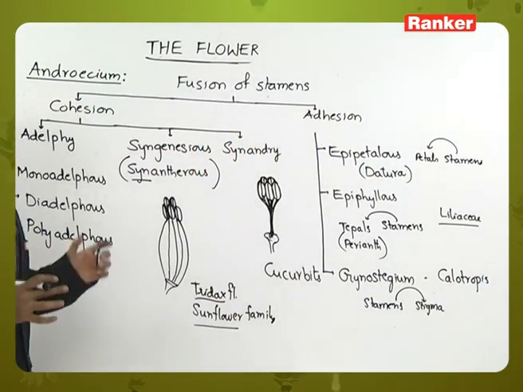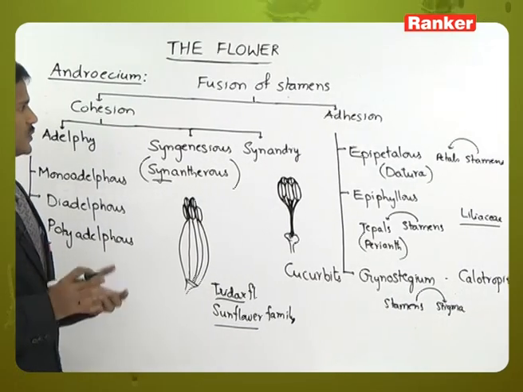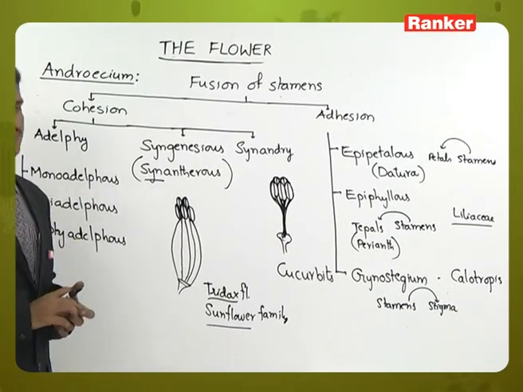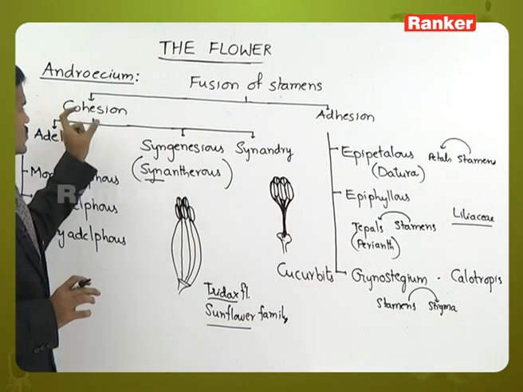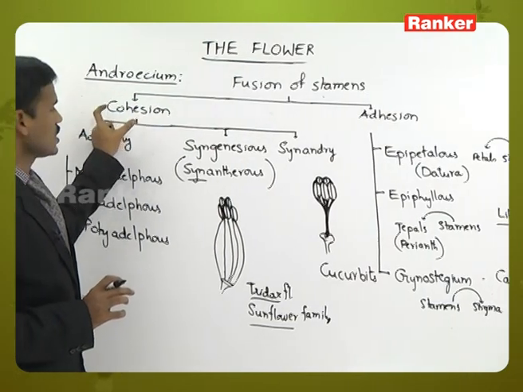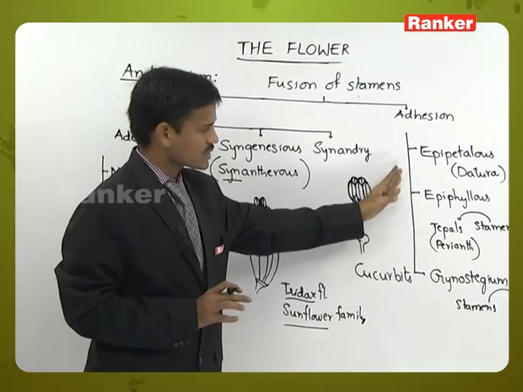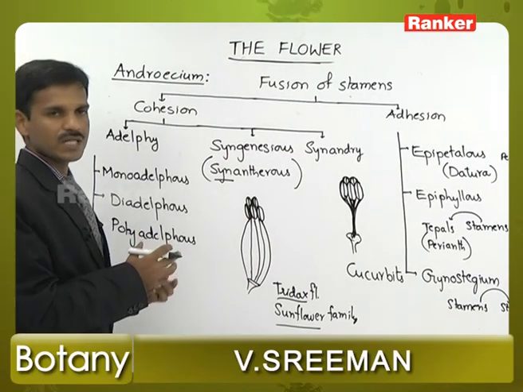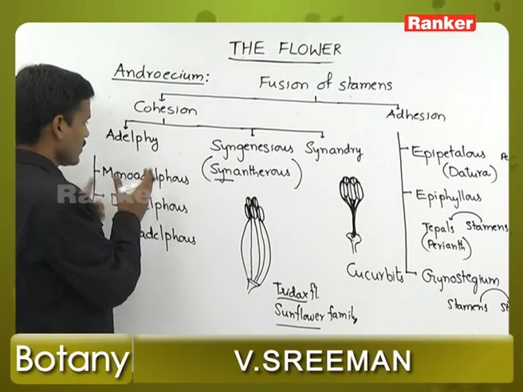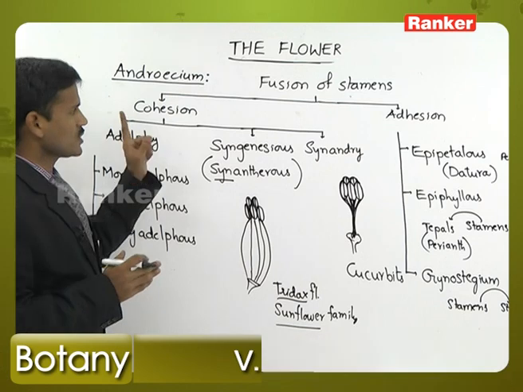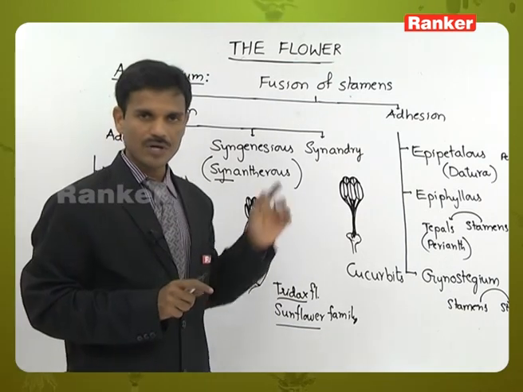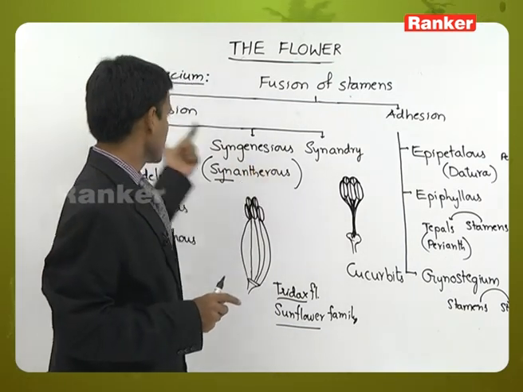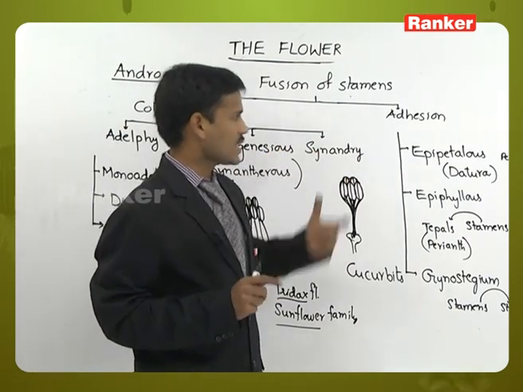So, these are the different types of union or fusion of stamens. Stamens are attached to different floral parts, or sometimes the fusion takes place among the stamens. There are mainly two types: cohesion and adhesion. Cohesion is of different types: Adelphi, syngenesious and synandry.